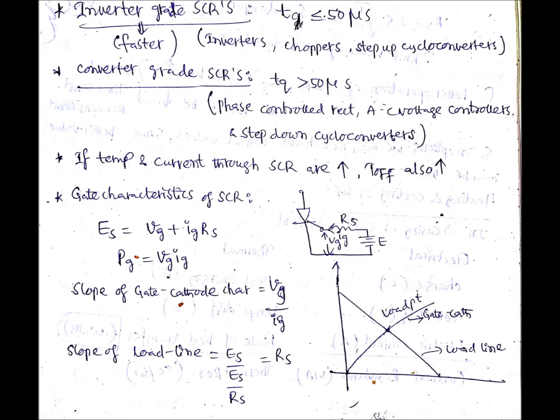And the slope of the load line will be Es by Rs, that is the applied voltage divided by the current. That current is nothing but Es by Rs. So the slope of the load line is going to become Rs, that is the series resistance.